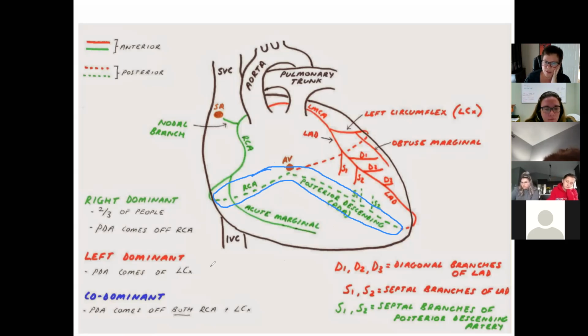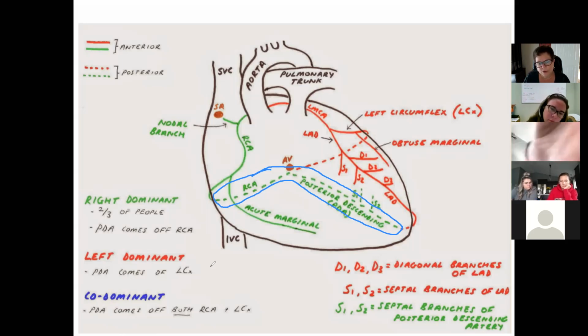In a patient who is left dominant, which accounts for somewhere between 7 and 15% of the population, that posterior descending artery doesn't come off of the right coronary, it comes off of the circumflex.